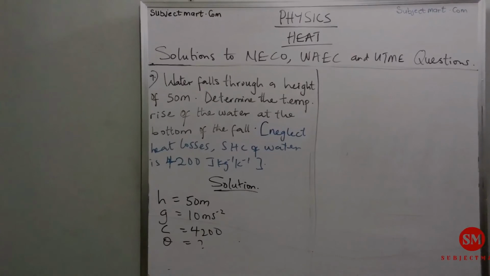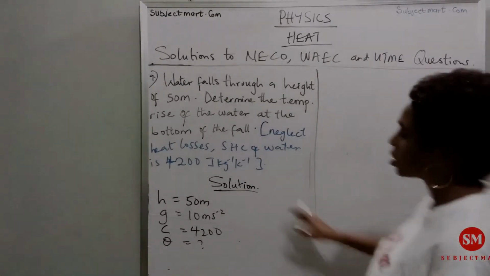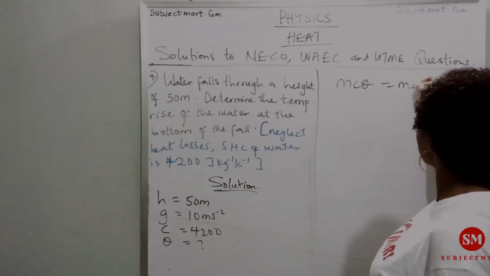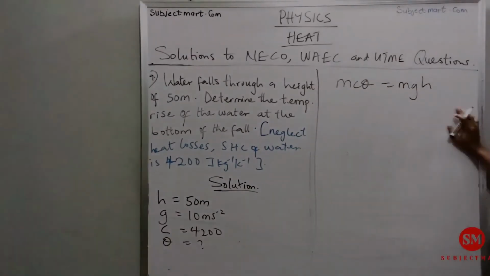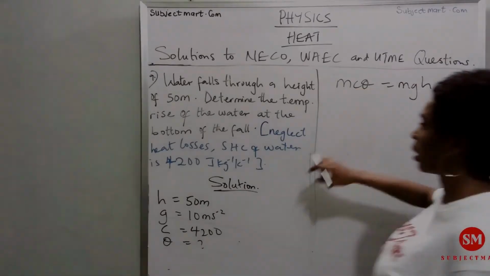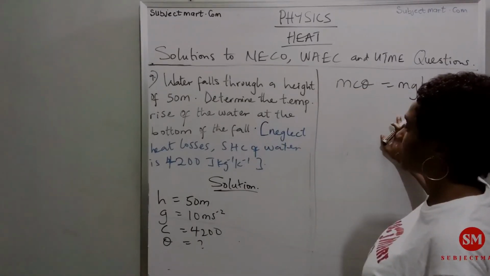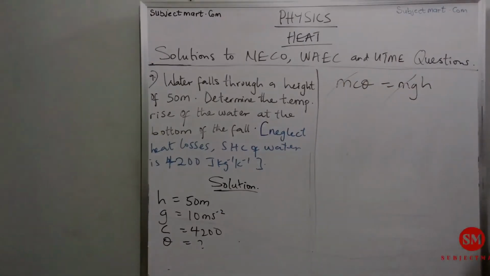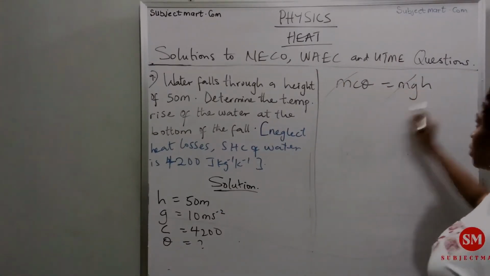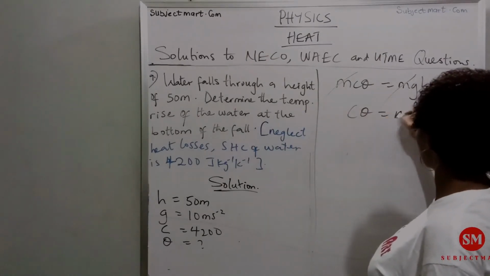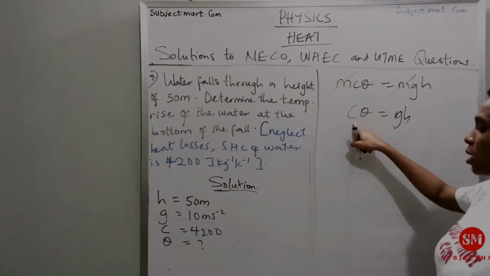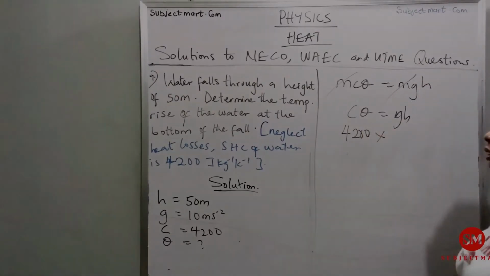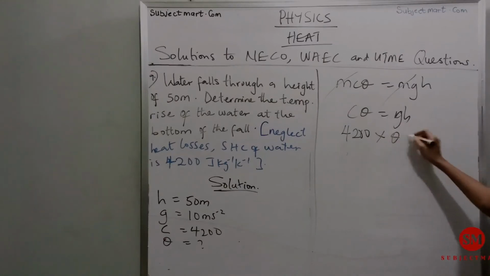Next question here is a very straightforward question. So I've written out our parameters. We just go ahead and apply this formula for height, waterfalls. So my hem here, we are not given the hem. So I'll strike out the two hems. I will work with C theta and GH. So C theta equals GH. C here is specific heat capacity, and we are given as 4,200. The theta is what we are looking for.